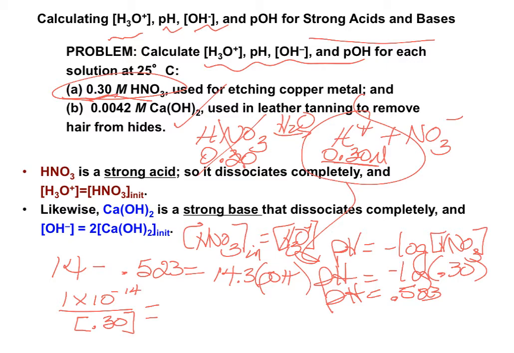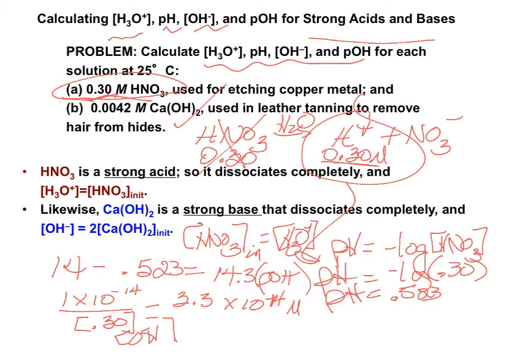So let me plug that into my calculator real quick and see what we get. And that tells us that the concentration of hydroxide is very low: 3.3 times 10 to the minus 14 molar.